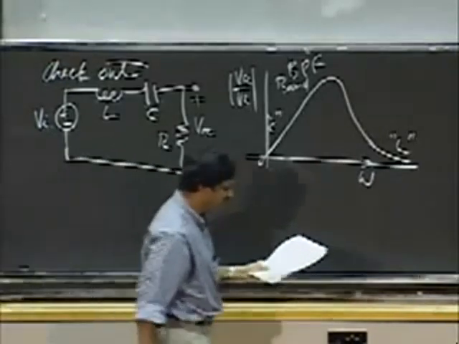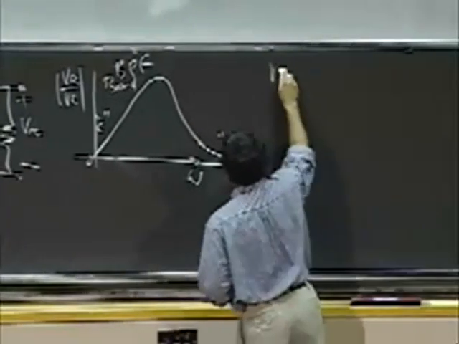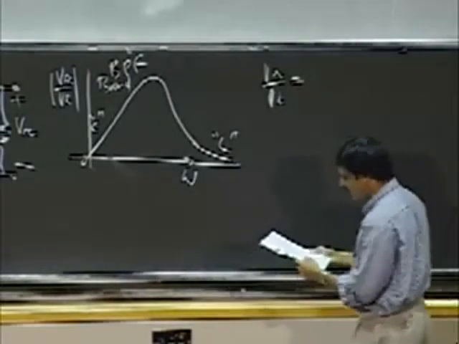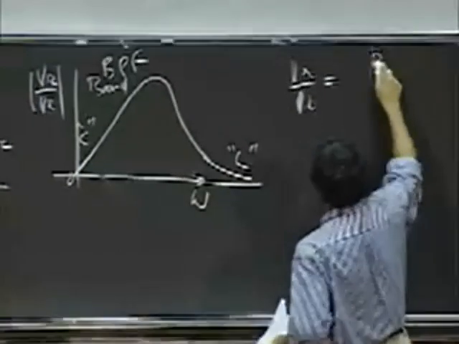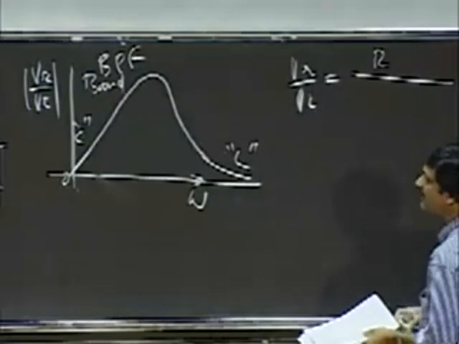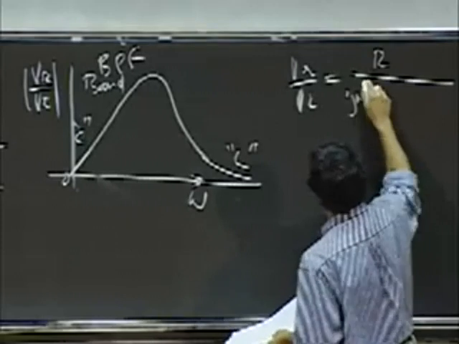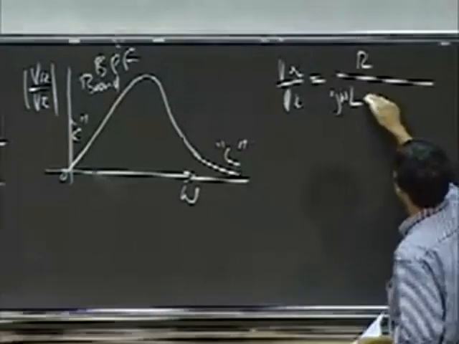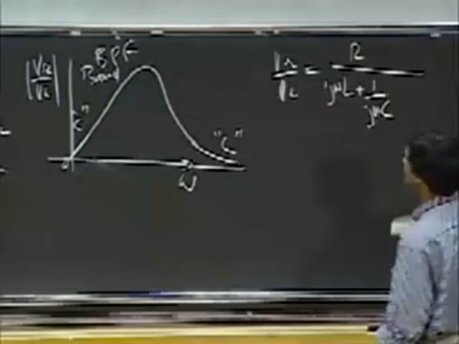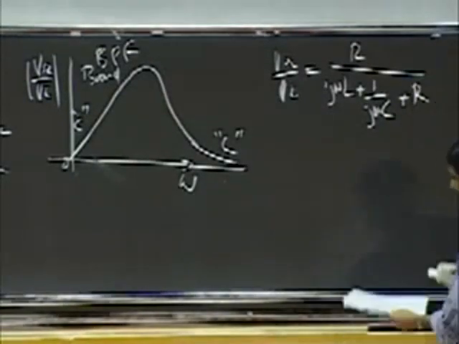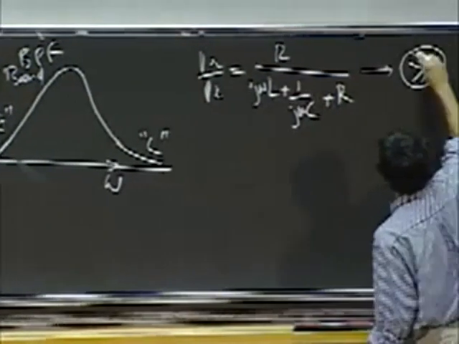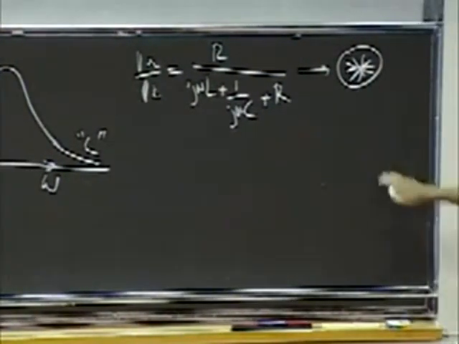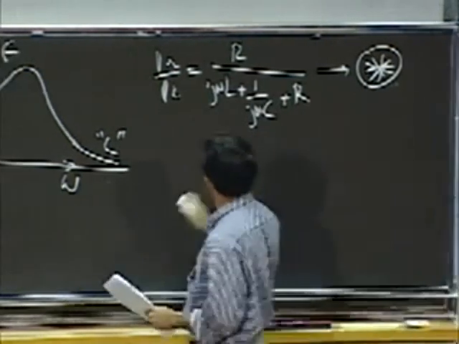Let's get some more insight on this by writing down the equations. VR divided by VI is simply R, using the impedance relations. It's R divided by j omega L plus 1 divided by j omega C plus R. I'm going to use this equation later, so let me stash it away on my stack and put a little notation there.